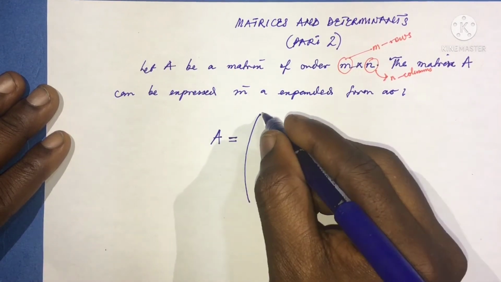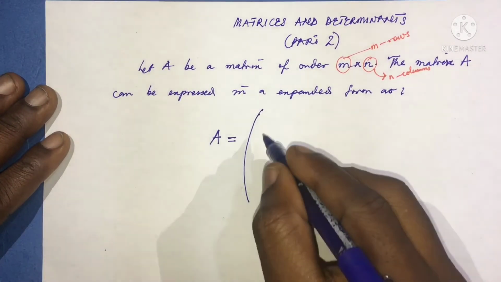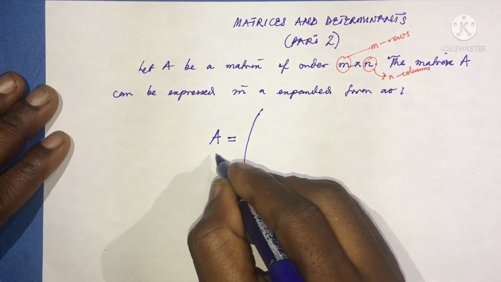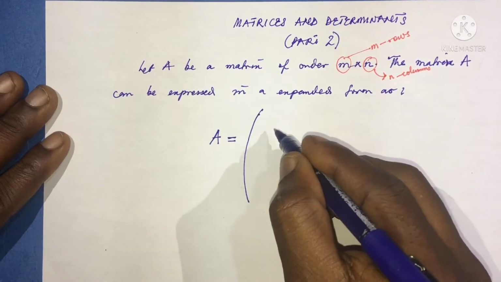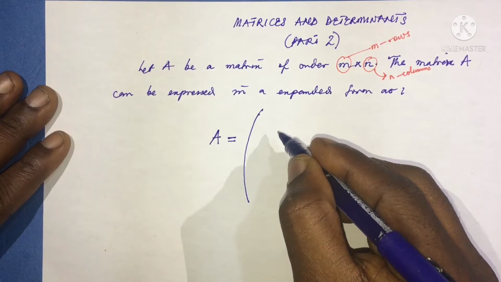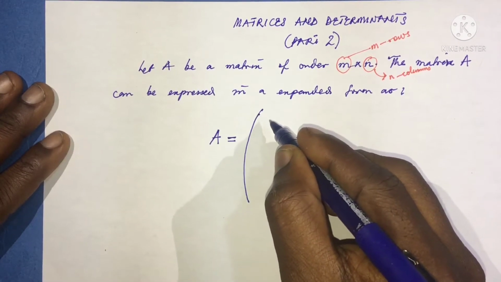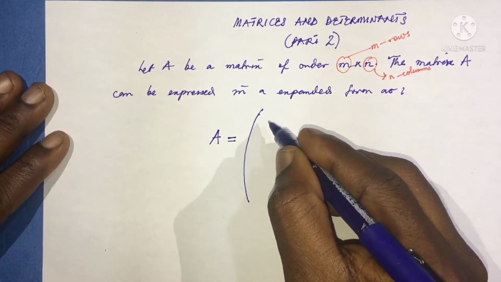So I'm going to start from here. If A represents the matrix, it is only proper to use the corresponding lowercase a's to represent the elements.